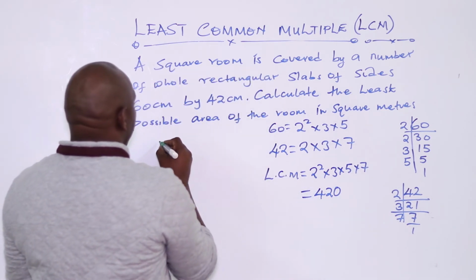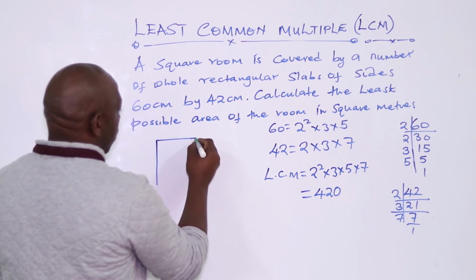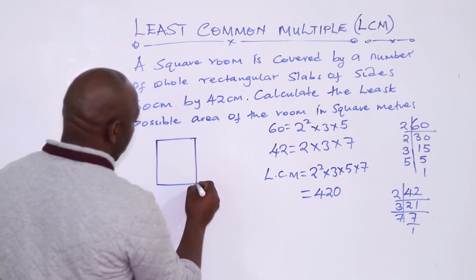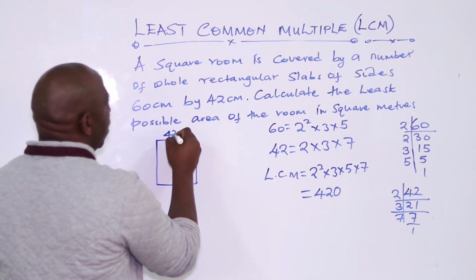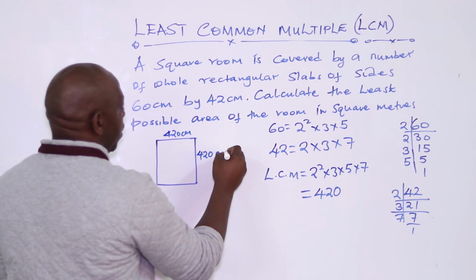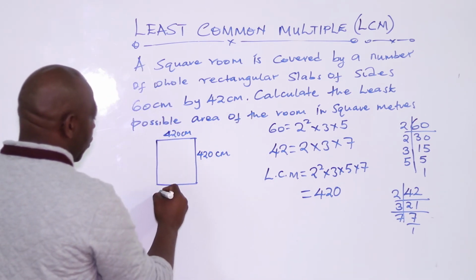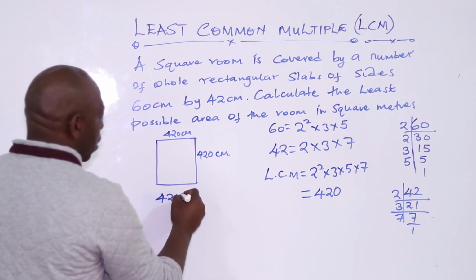So the square room will be 420 centimeters by 420 centimeters. If you are asked the area here, therefore, it should be 420 times 420.